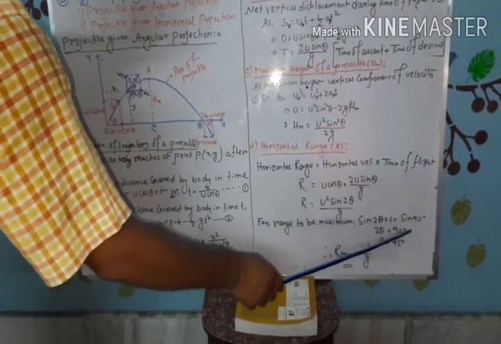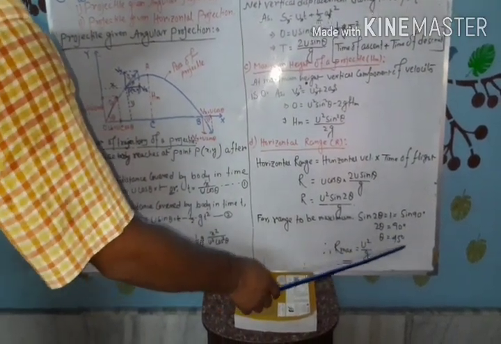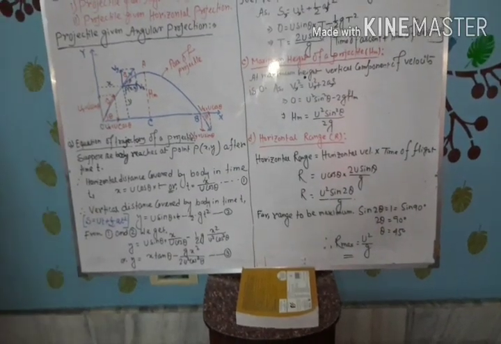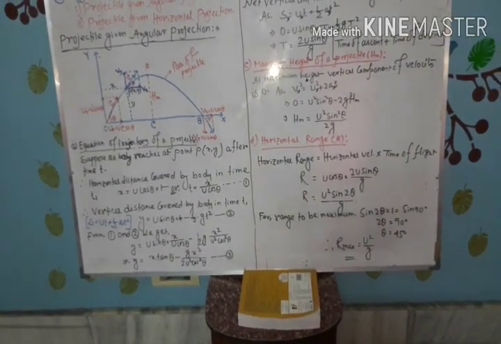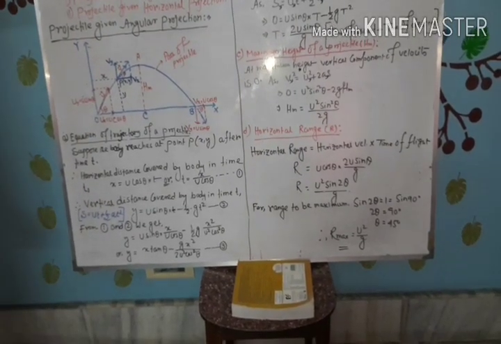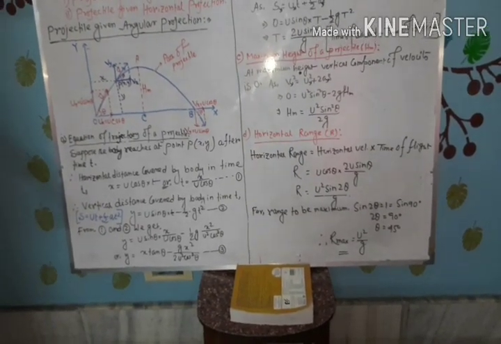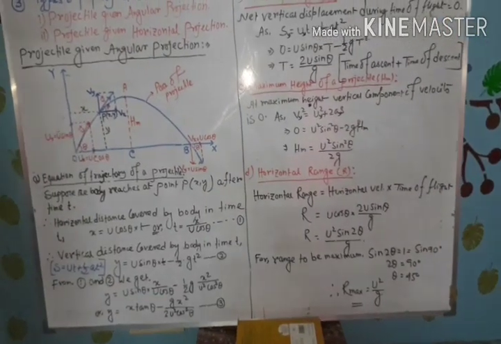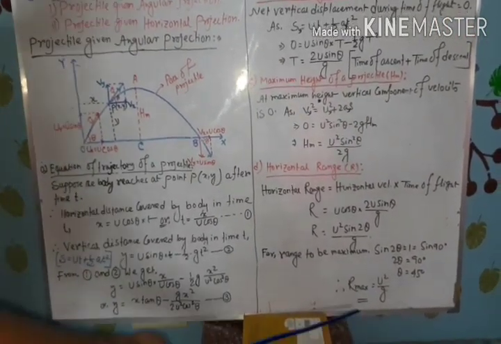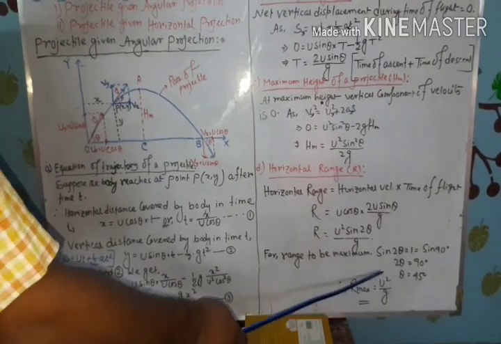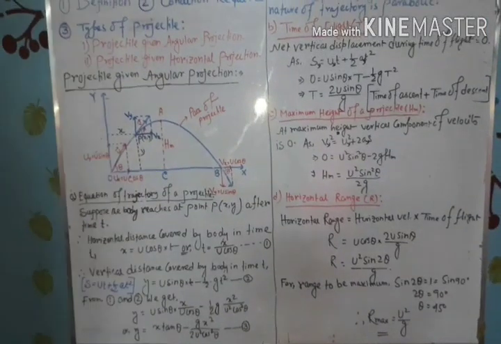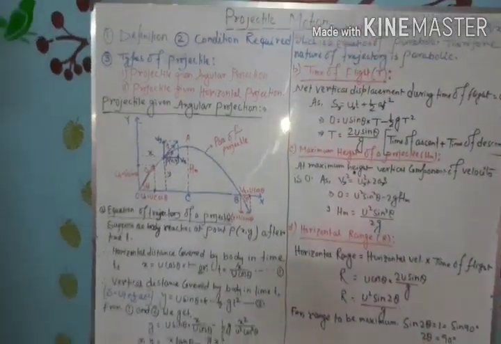Therefore 2 theta equals 90 degrees, so theta equals 45 degrees. It means if you throw any object at an angle of 45 degrees with the horizontal direction, then the object will move the maximum horizontal distance, and the maximum horizontal distance is given by the equation R max equals u square by g.